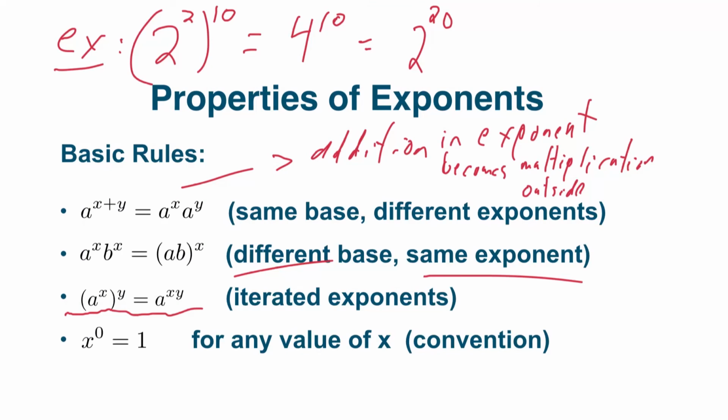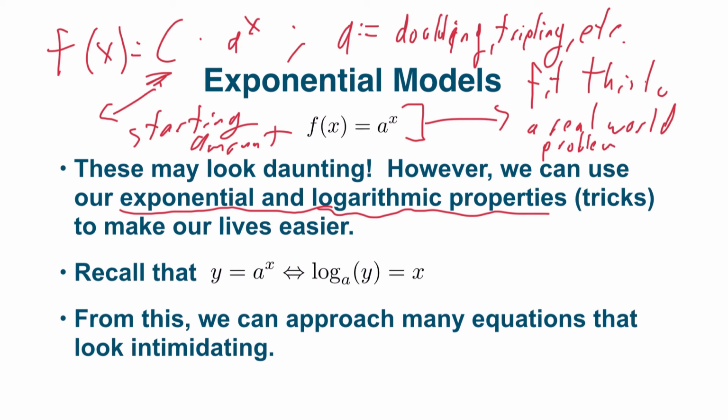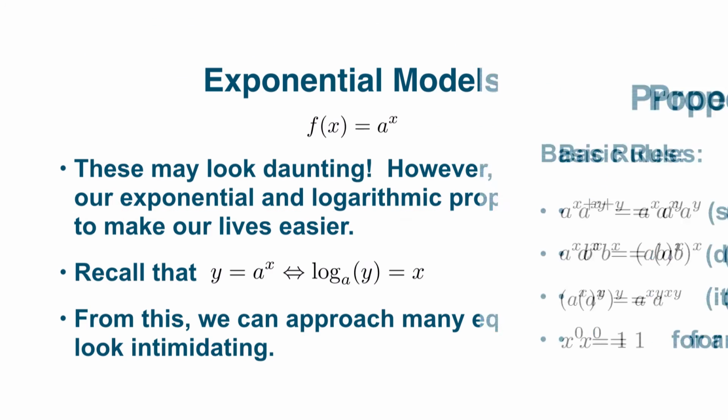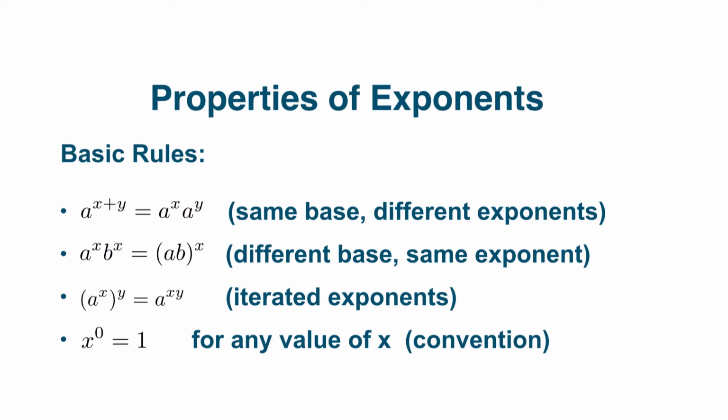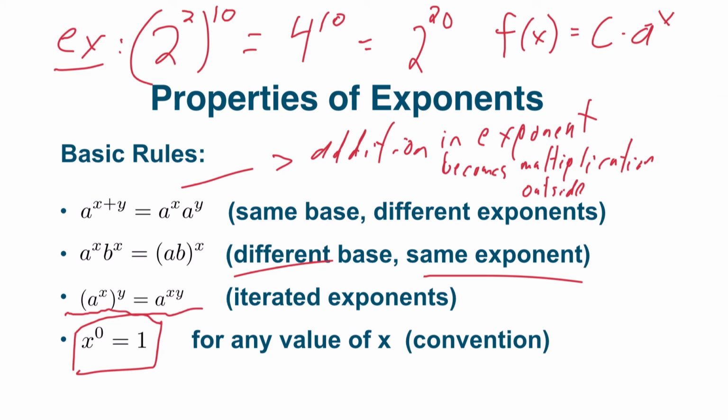And then something that's really essential to our models is the fact that anything raised to the 0th power is equal to 1. So the key point for exponential models in this question is that if I write f of x equals c times a to the x, which is the same model I illustrated right here, then f of 0 is equal to c times a to the 0.